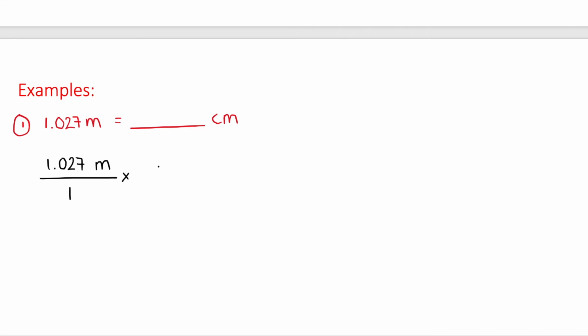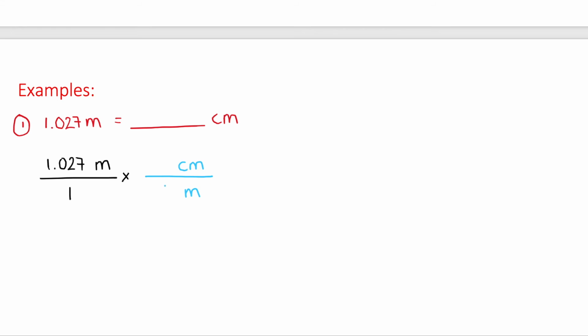So I'm going to draw this with a different color. Let's do it with the blue one. I'm going to say, okay, because I want to cancel the meters, I'm going to put the meters on the bottom. And because I want my answer in centimeters, I'm going to put the centimeters on top. And then I ask, what is the equivalence between meters and centimeters?